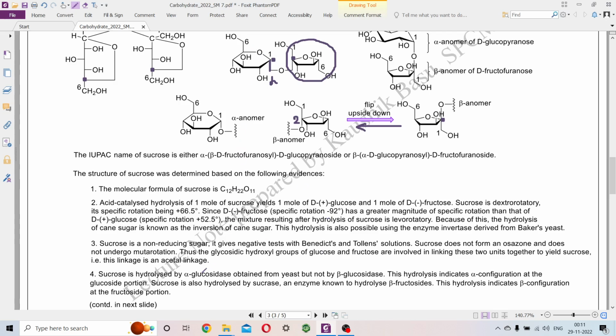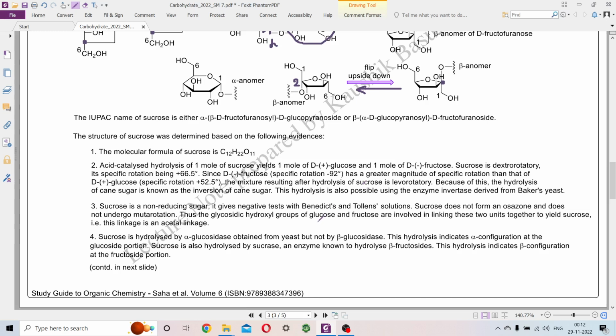And specifically if you use alpha glucosidase, then only if the glycosidic linkage from the part of glucose is alpha, it is cleaved, otherwise it is not cleaved. And if you use beta glucosidase and observe hydrolysis, then you must admit that the glycosidic linkage for that substrate on the part of the glucose unit has to be beta.